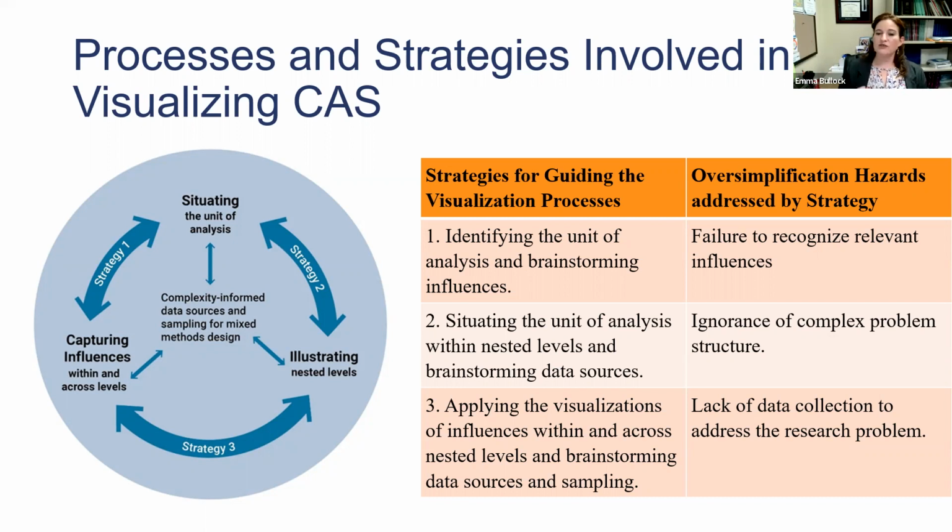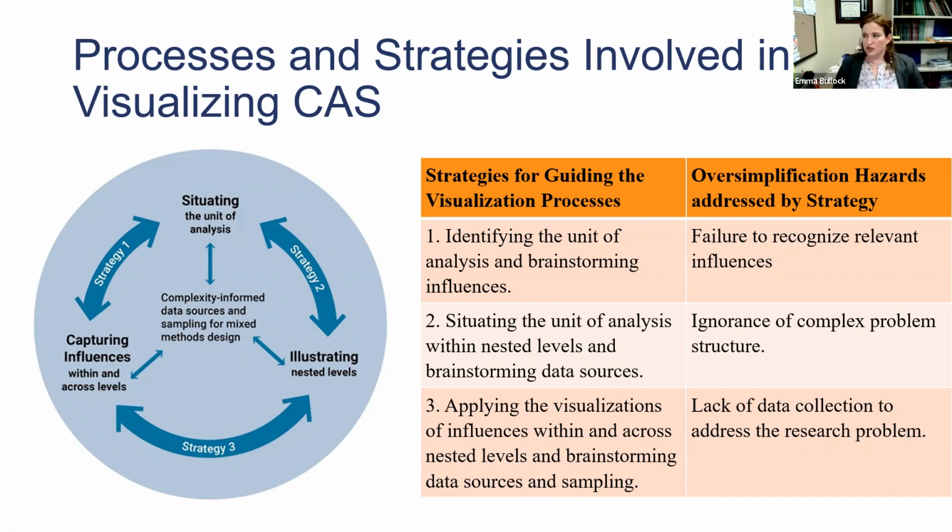And then we often do that with a table. I'm going to show you examples of tables that helped us to capture information about influences, data sources, and possible sampling populations. What this strategy does is help us deal with the oversimplification hazard of lack of data collection to address the research problem.